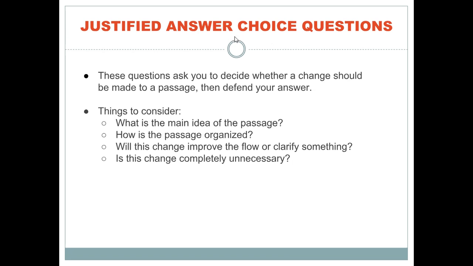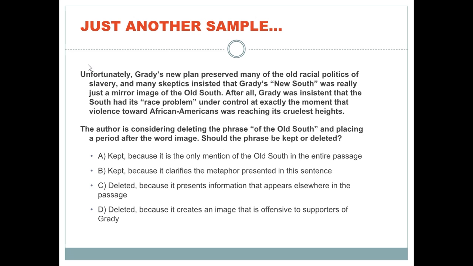The next type of question we're going to look at is justified answer choice. These are questions that don't just ask what's correct, they ask what is correct and why. Some questions you can think about are listed on the slide. So if we look at this sample question, what should we do with the phrase of the Old South? Should we keep it?